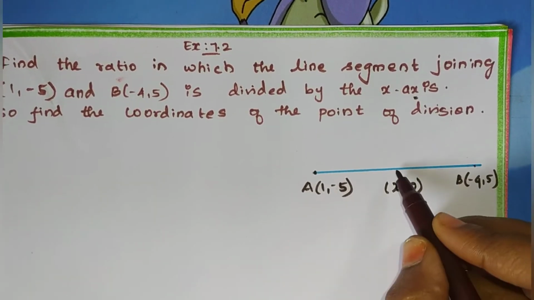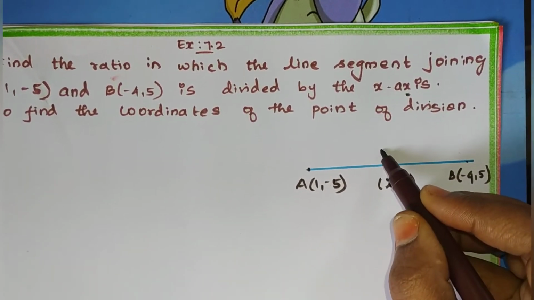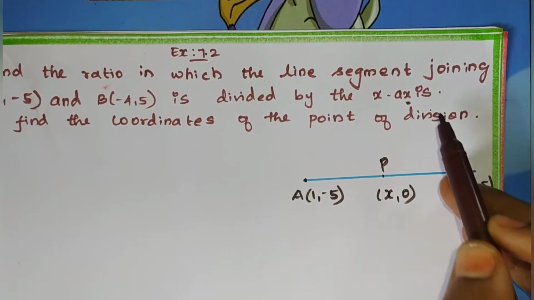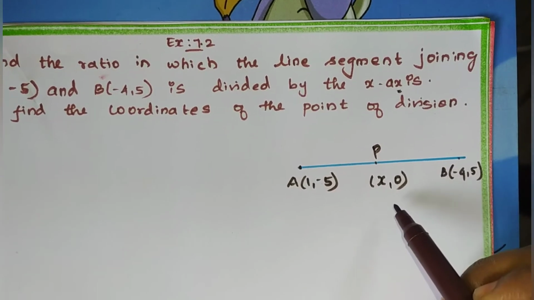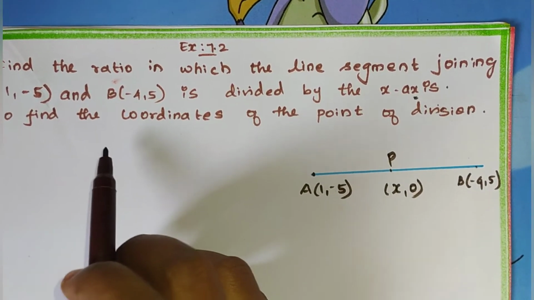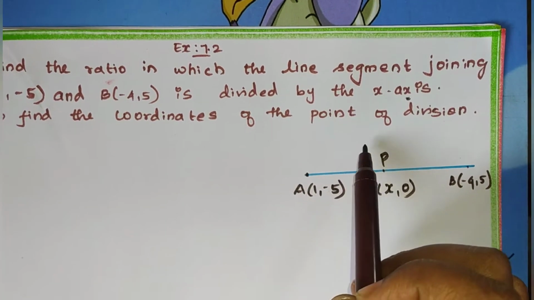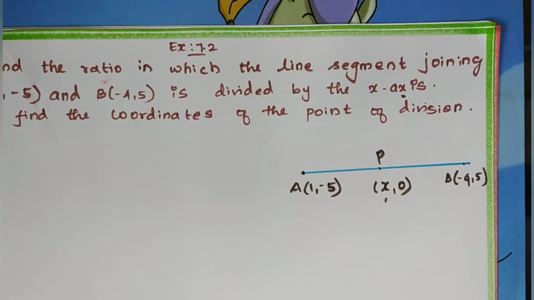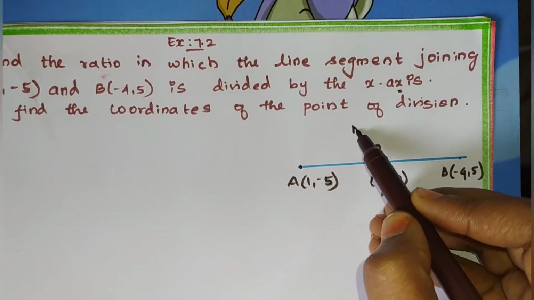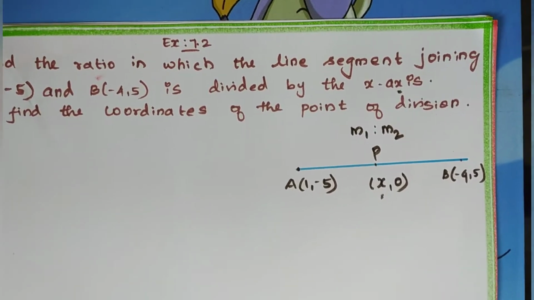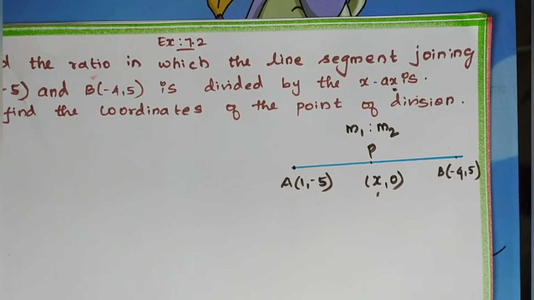So the point P is (x, 0). If y-axis, it means (0, y). Clear, children? Also find the coordinates of the point of division. This x value also you have to find, and you have to find the ratio also. Clear, children?